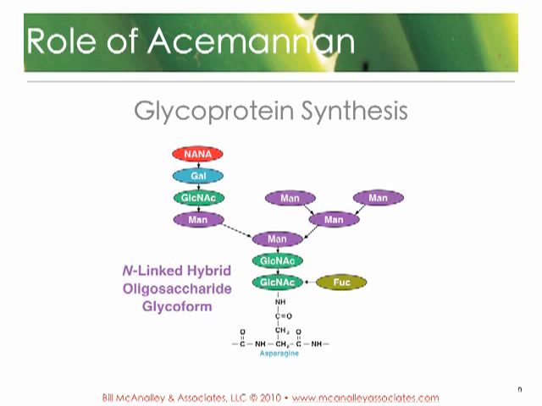Here's an example of a glycoprotein. You'll notice that this one has 5 mannoses, represented by MAN. There's an NAN, GAL, that's galactose, that's N-acetylneuraminic acid, and then an N-acetyl glucosamine, and then you have the 5 mannoses, and then a repeat.